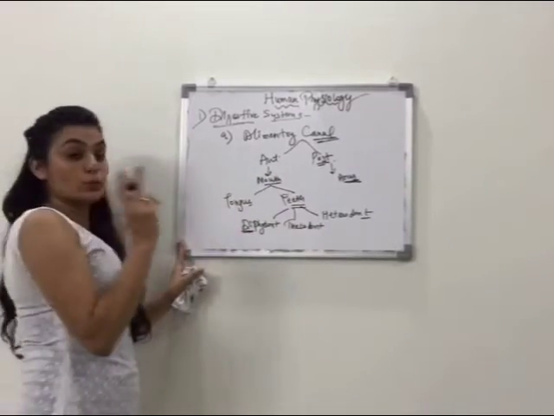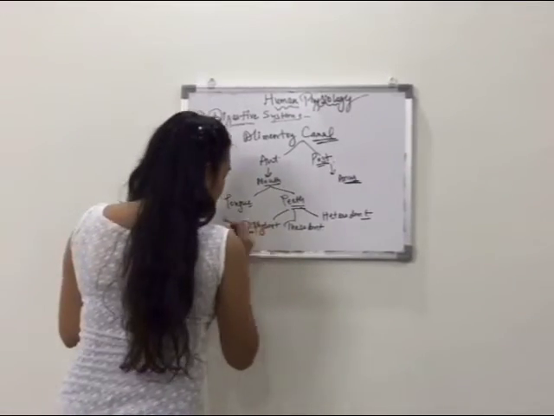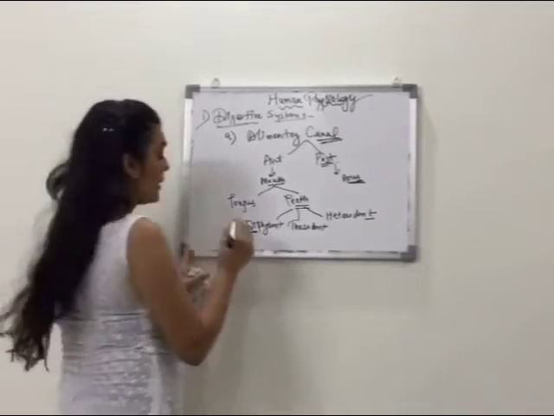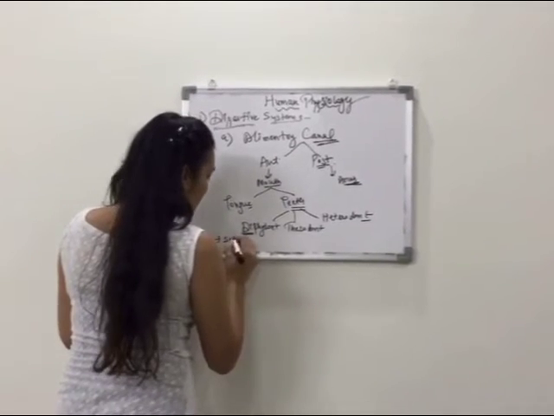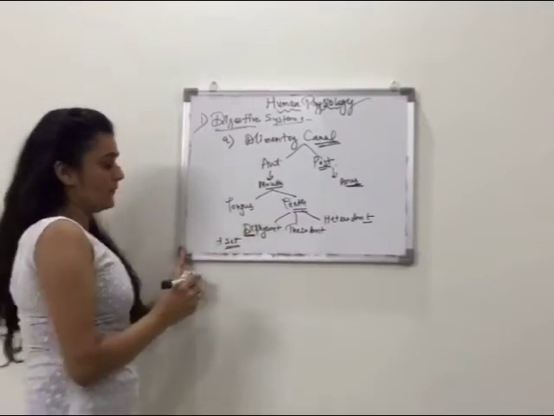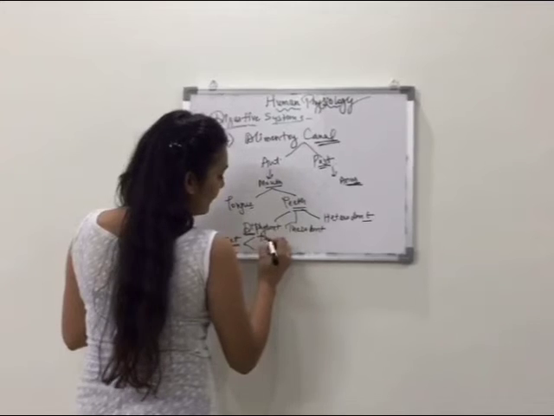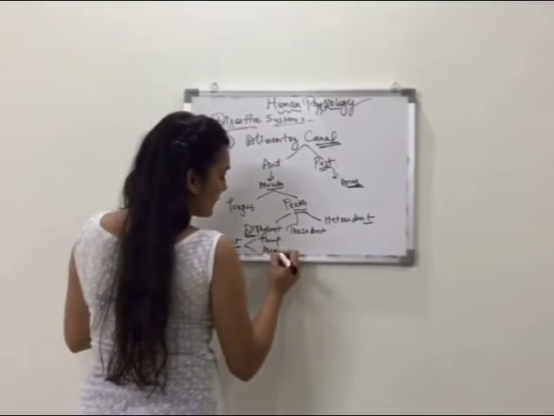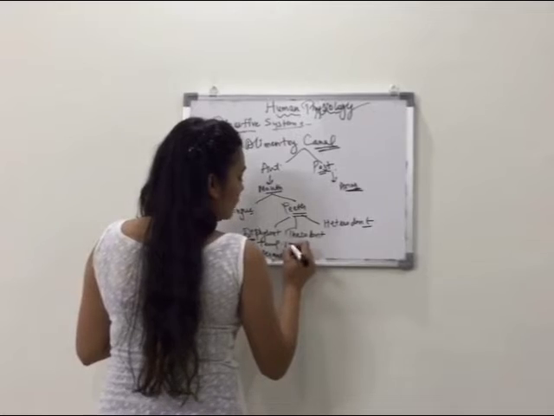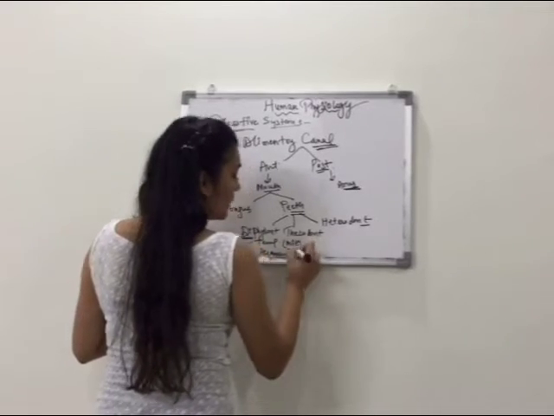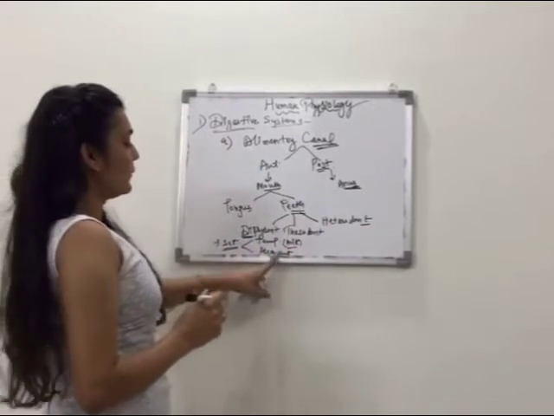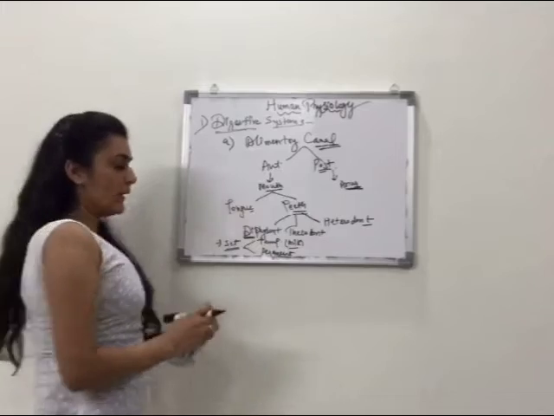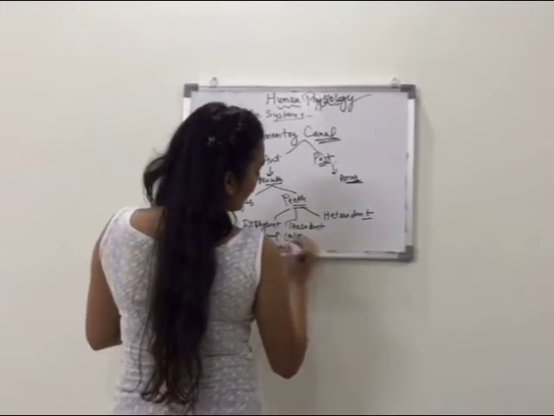Di means two. In mammals, or humans, there are two sets of teeth in their whole life: the first is temporary and the second is permanent. Temporary teeth are the milk teeth, or deciduous teeth, and the second is the permanent teeth. Permanent teeth are 32 in number.